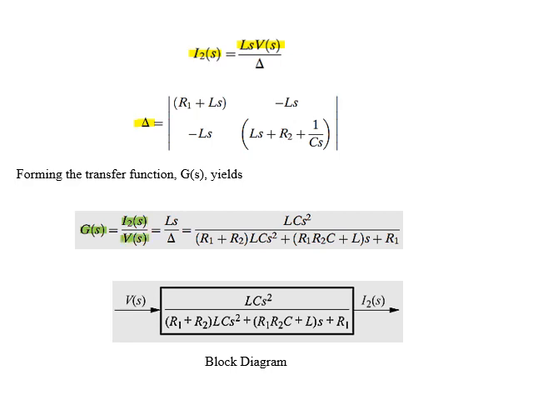This transfer function can also be represented in block diagram form, whose input is V(s) and output is I2(s), where the system transfer function is represented by G(s).